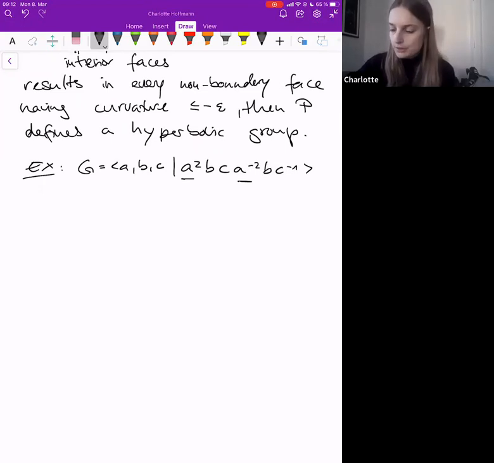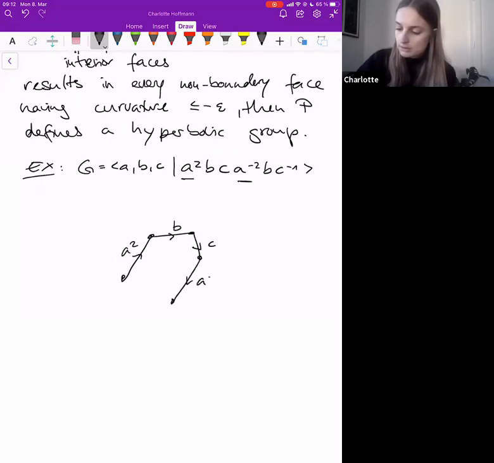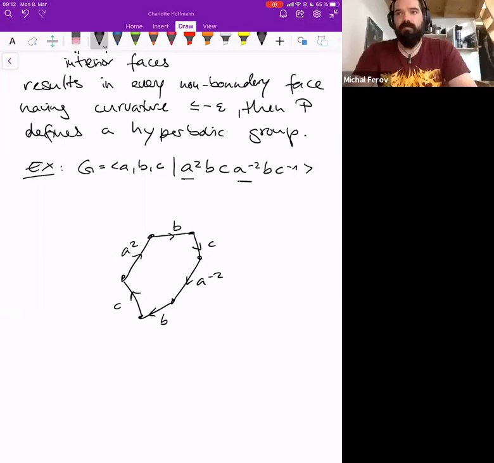Again, look at a Van Kampen diagram, and we'll now look at a non-boundary face. The face is labeled by the relator, like this.